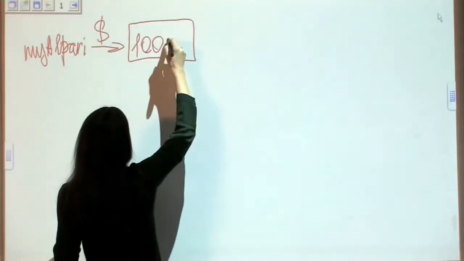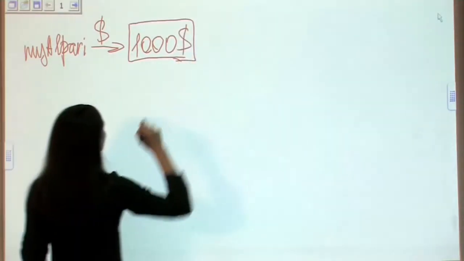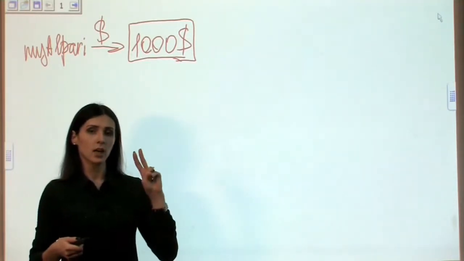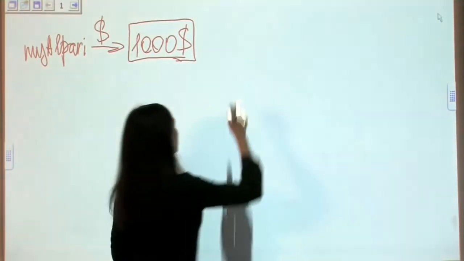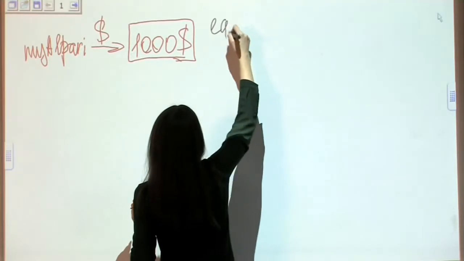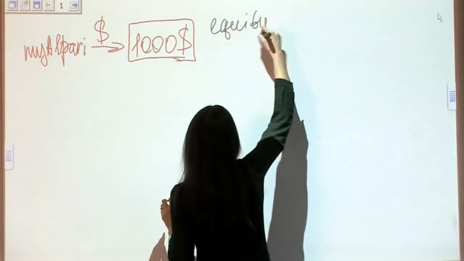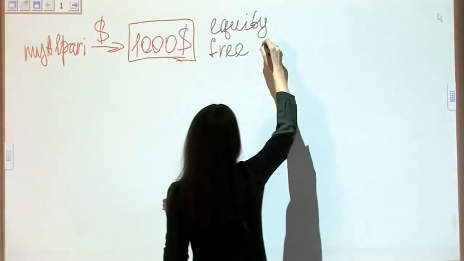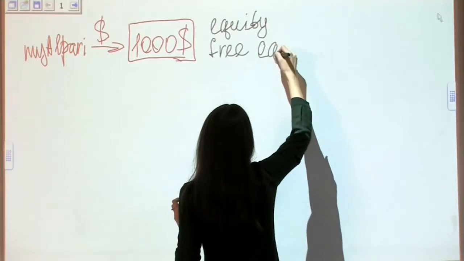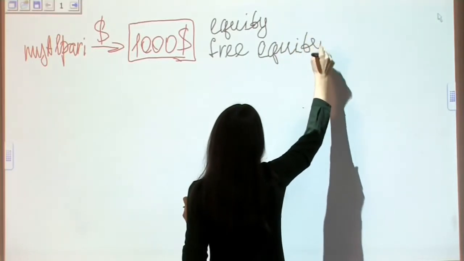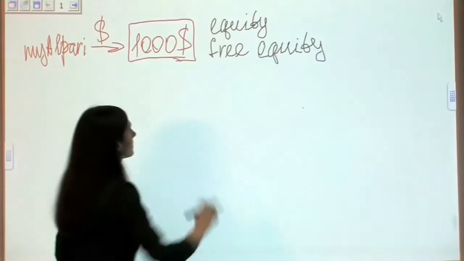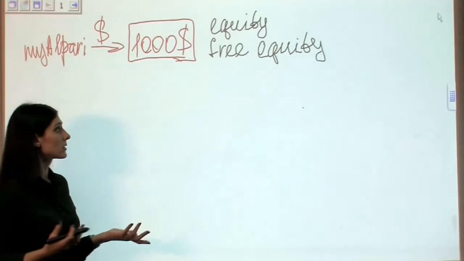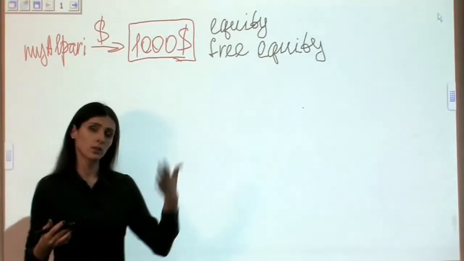Let's guess that you deposit $1,000. Inside the PAMM portfolio, there are two important parameters. This is equity and, let's say, free equity. Equity is all funds on the PAMM portfolio, and free equity is funds that are not distributed among the PAMM accounts.